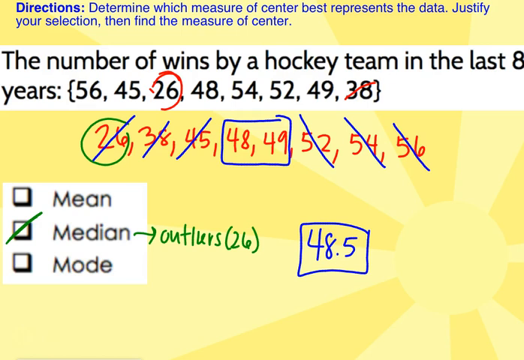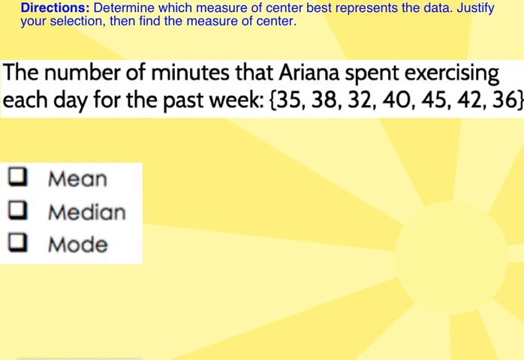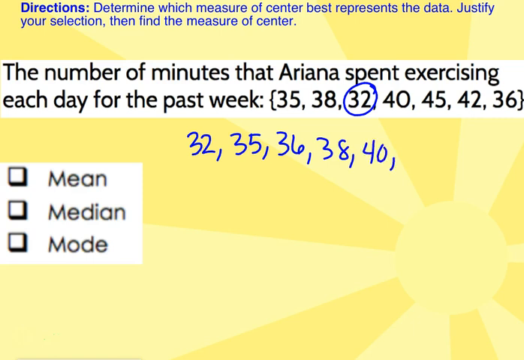Let's try the next one. The number of minutes that Ariana spent exercising each day for the past week. So again, let's put these in order from smallest to biggest. We notice that 32 is our smallest. Then we go to 35, 36, 38, 40, 42, 45.